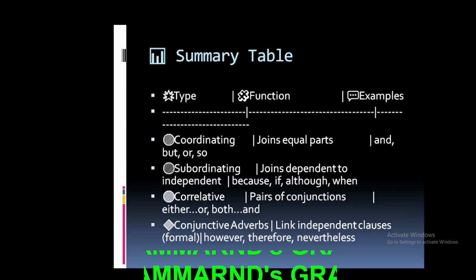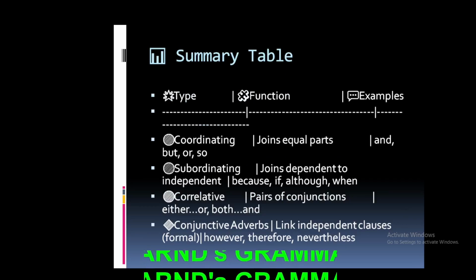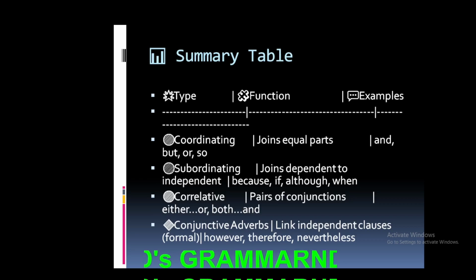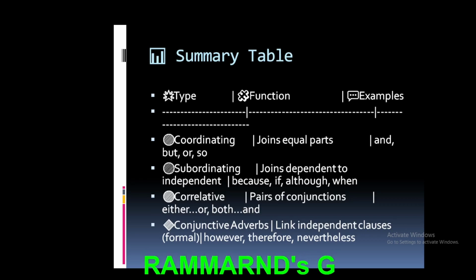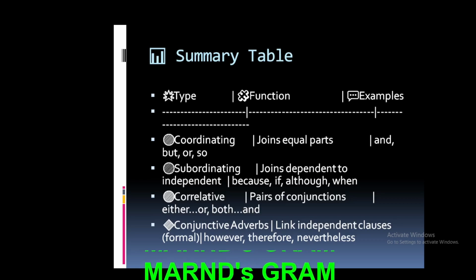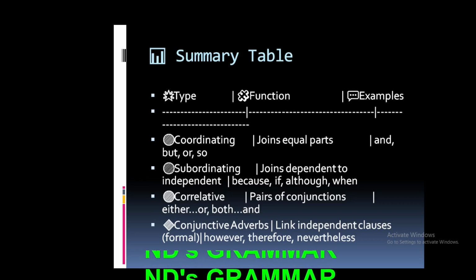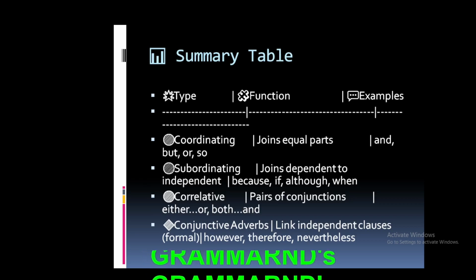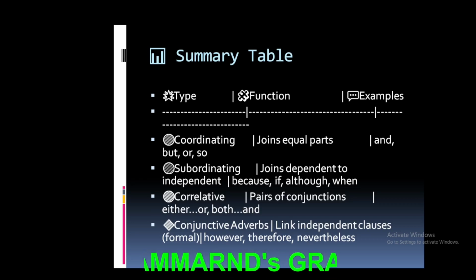And of course, a summary table I have attached for a quick glance, quick understanding. Types, functions, examples. Type, coordinating: and, but, or, so, they join two equal parts. Subordinating conjunctions join a dependent clause to an independent clause: because, if, although, when.